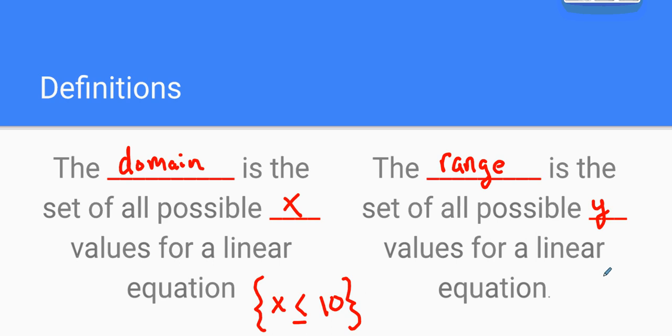So if you said in Sal's House of Pizza, for instance, that the number of toppings can't exceed 10, then the highest y value you could have is whatever.